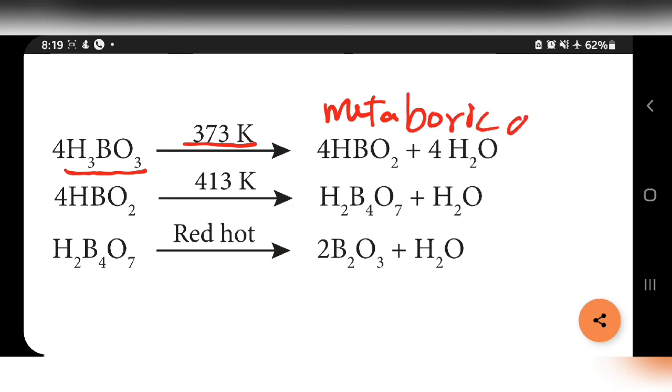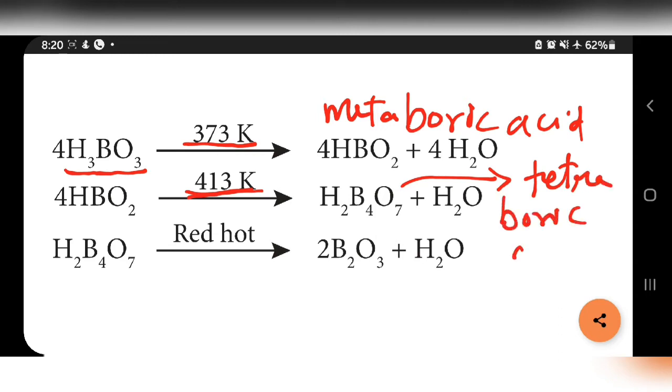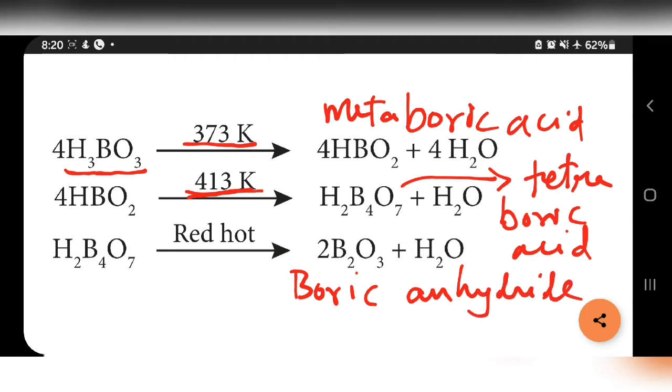Metaboric acid. At 430 Kelvin it forms tetraboric acid. Tetraboric acid. And red hot it forms boric anhydride, which is having glassy mass.